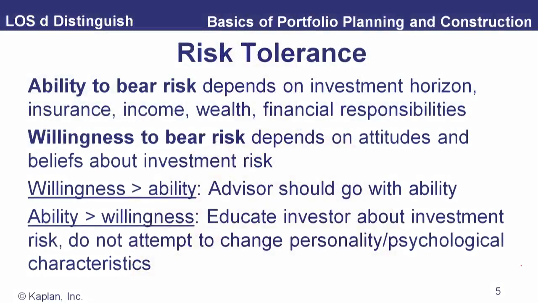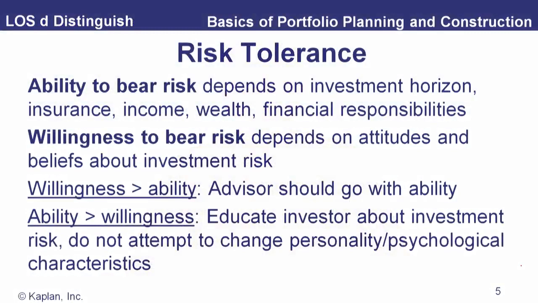Then we have the willingness to bear risk, and this depends on the attitudes about risk of the investor and also the investor's beliefs about what risk they are undertaking by getting into equities investments or an option strategy or whatever it is. Well, as a manager, you might run into a situation where the willingness is greater than the ability.